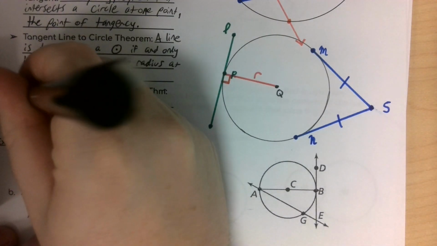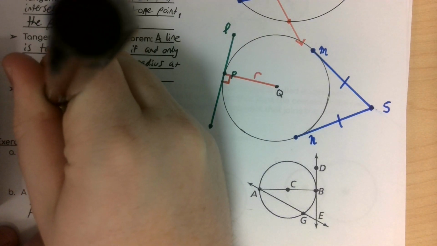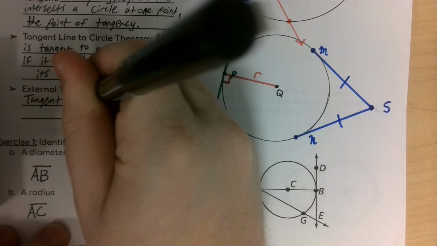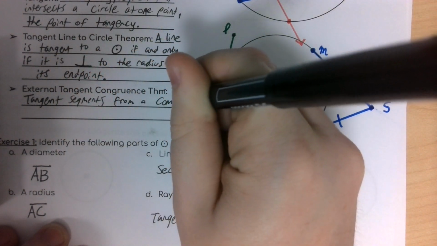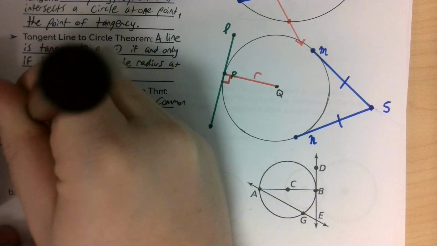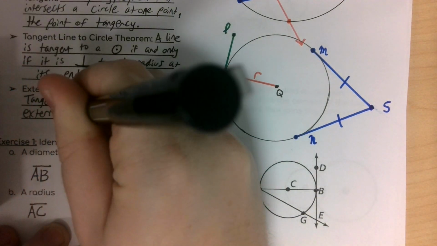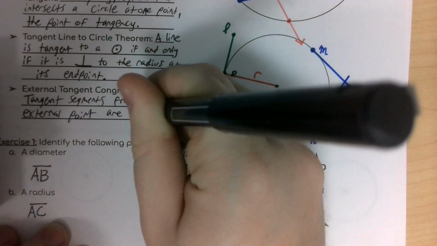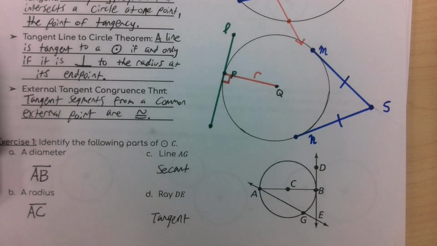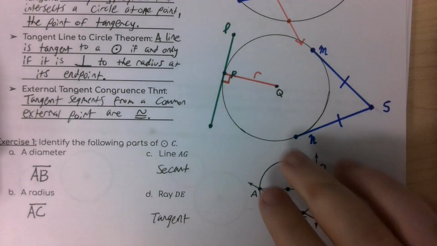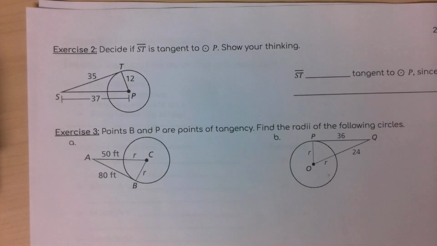Tangent segments from a common external point are congruent. Very nice. Let's flip the page and take a look at some examples to see how we can use these theorems.